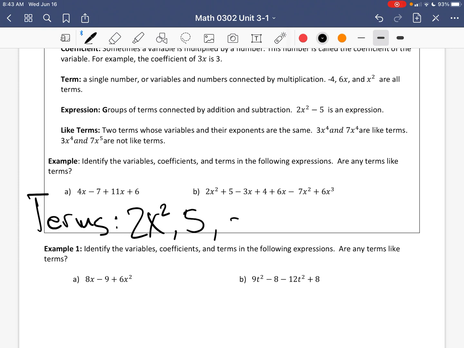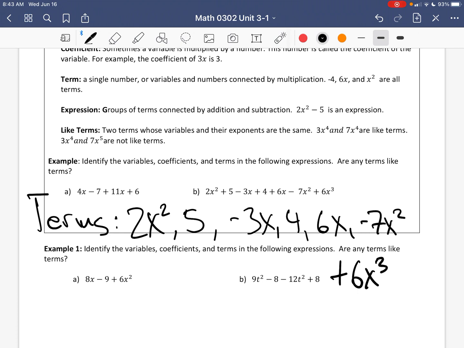We have the positive 5. We have a minus 3x. Number 4. 6x. Minus 7x squared. I ran out of space here. At the very last, the term 6 times x raised to the 3.